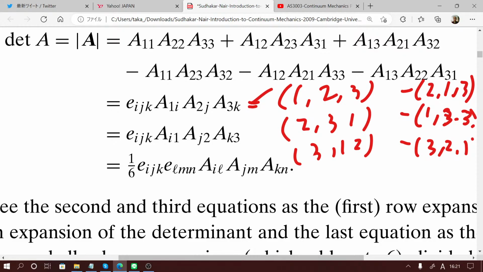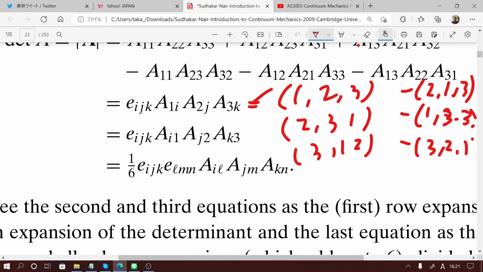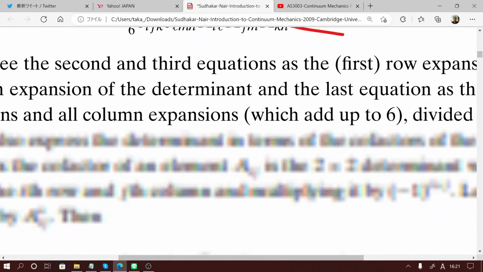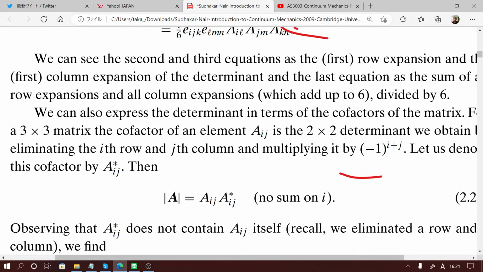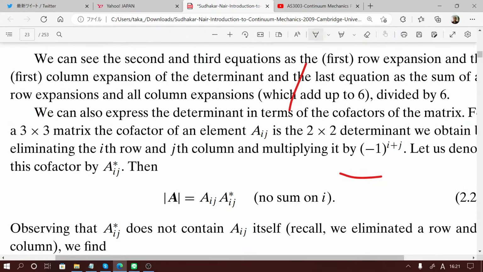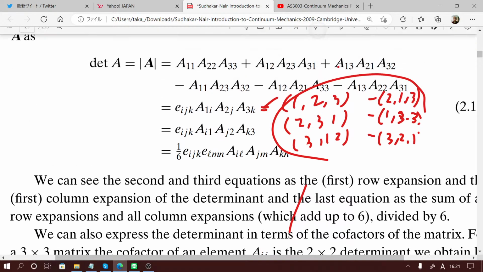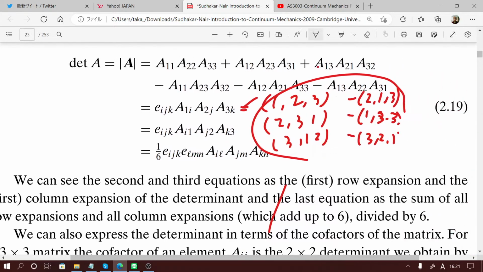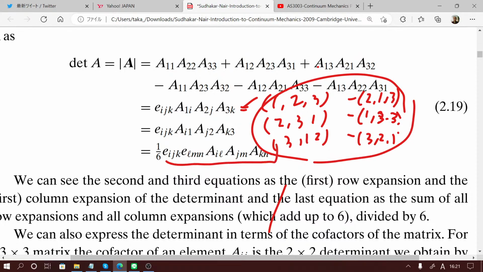So if we put these 6 variations together, we have this expression.